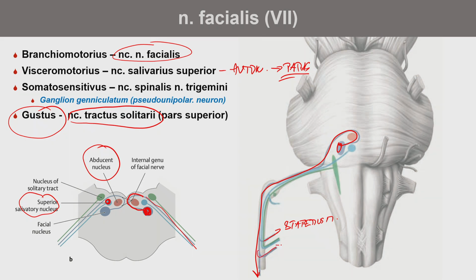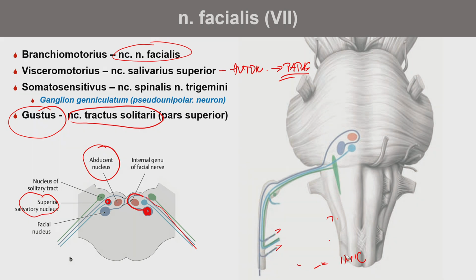The next one is for muscles arising from the region of the styloid process, for example the dorsal belly of the digastric muscle. And the last is for all facial muscles, so mimic. So this is the motor branch or motor part.